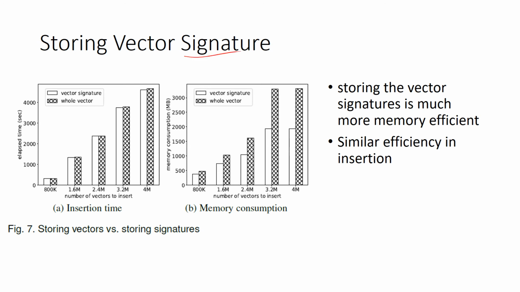And we also propose to store the vector signatures instead of the whole vectors in the inverted list. And storing such signatures will have impact on the memory consumption and also the insertion time. In terms of insertion time, the approach of storing the whole vectors and storing the vector signatures is quite similar.